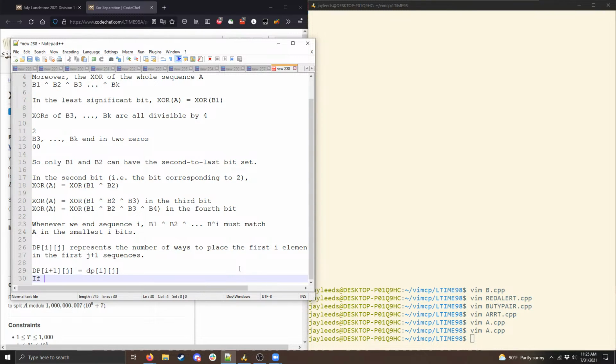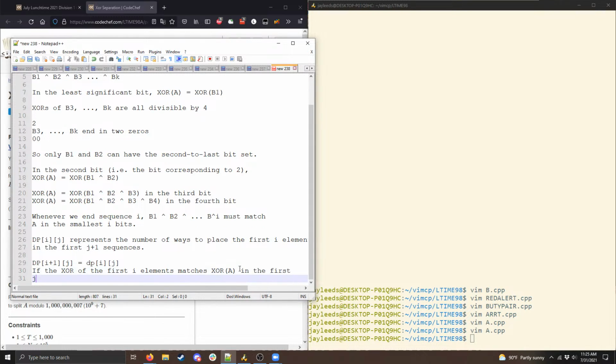And then, if the XOR of the first I elements matches XOR of A in the first j plus 1 positions, then we can add dp of I of j. Actually here, sorry, j plus 1. If it matches in the first j plus 1 positions, then we can start a new sequence because we have the match that we're looking for.